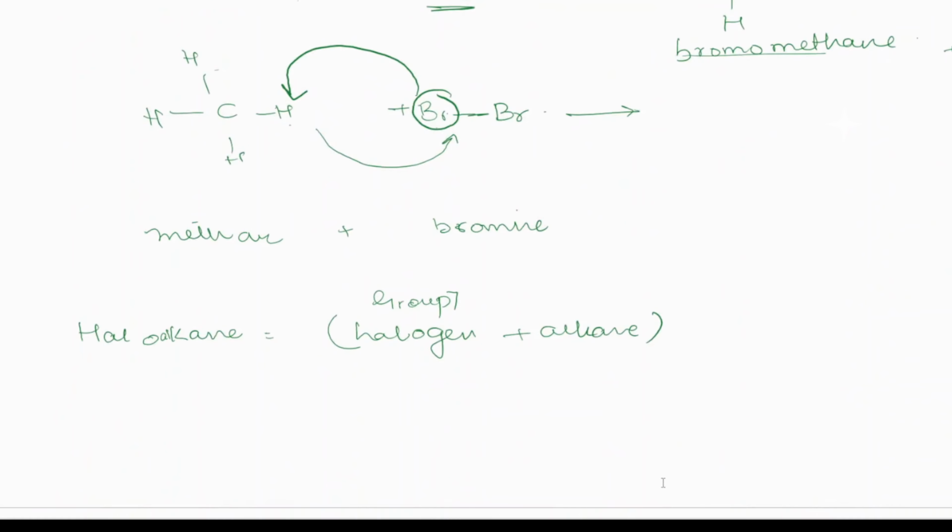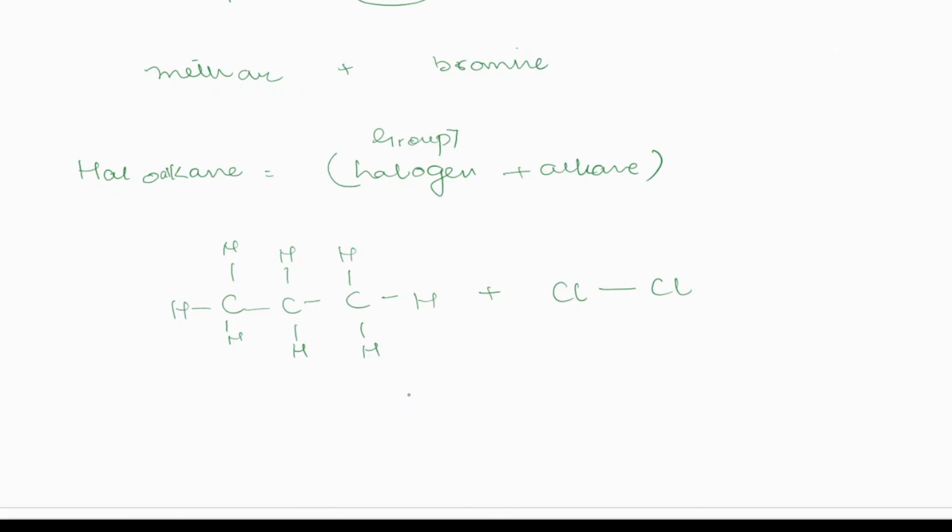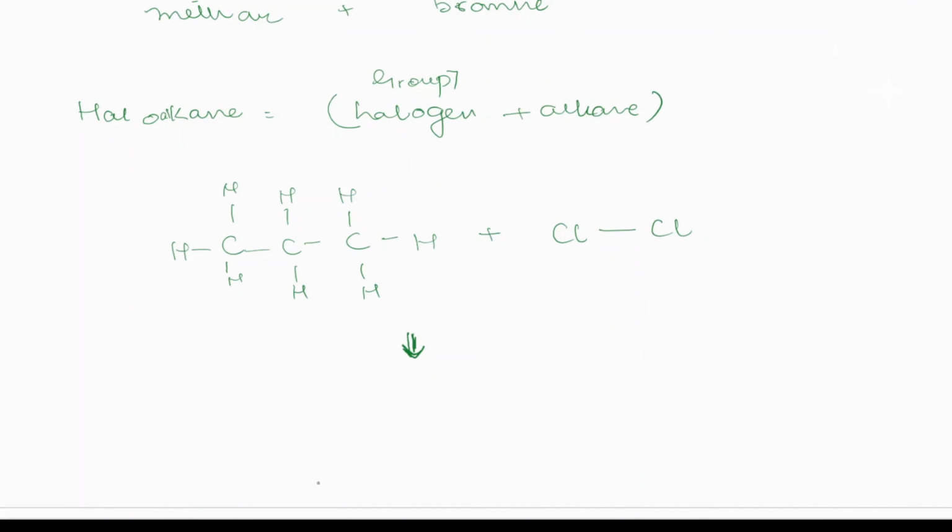Let's discuss one more. Now there are three carbons. I hope you know the names now, depending on the number of carbons. Plus chlorine. What would be the product? Good. Chloropropane.